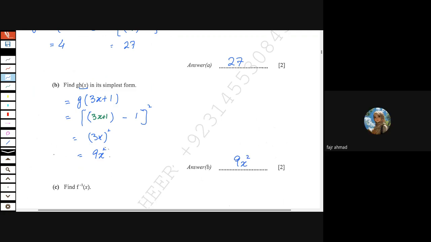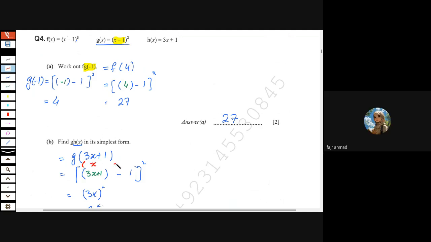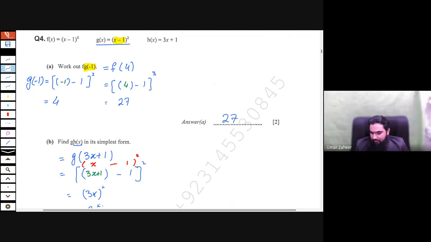Sir, why did the minus 1 go in the square also? Look here. We have x minus 1 whole square. Sir, I don't think your answer is correct. All right, let's reconsider.